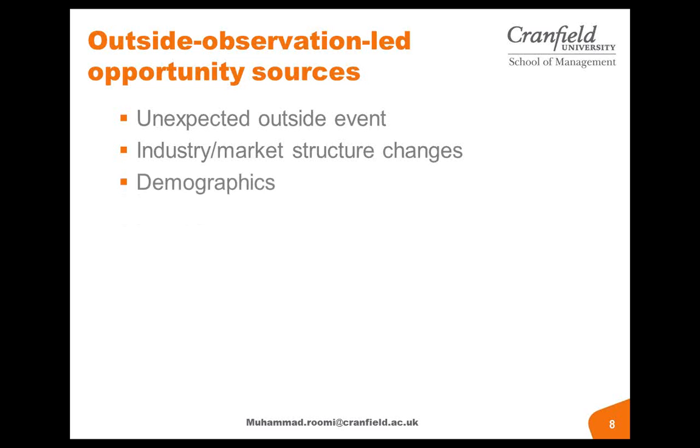Changes in such factors such as birth rate, family size, mortality rate, quality of health, longevity, education levels, location, people's mobility. In addition to it, labor force composition, wealth spread patterns, typical consumption cycles from birth to death of individuals. So all these things basically can help you in generating opportunities.